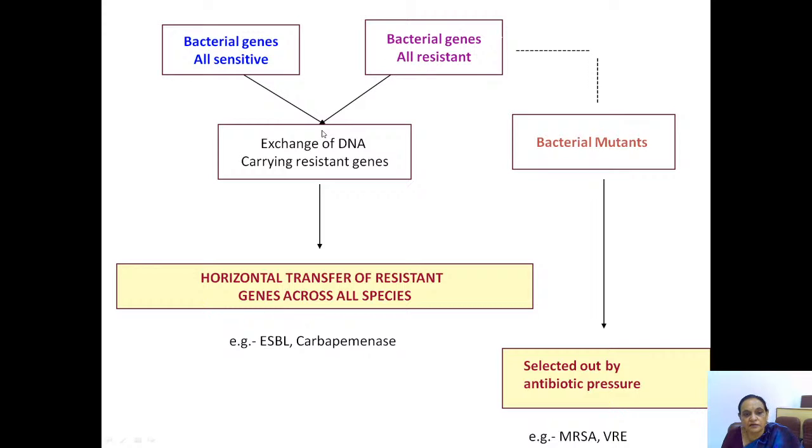When they get mixed in an environment, there is an exchange of DNA, and in the case of gram negatives this is horizontal transfer, so just across, with very rapid spread, especially of these ESBLs and carbapenemases. They transfer like this, so it is a very rapid dissemination. In parallel, bacterial mutants are also present in a population by virtue of natural variation, and once you use antibiotics, these get selected out and then they try to survive in the environment. So this is how the bacteria gets infection.